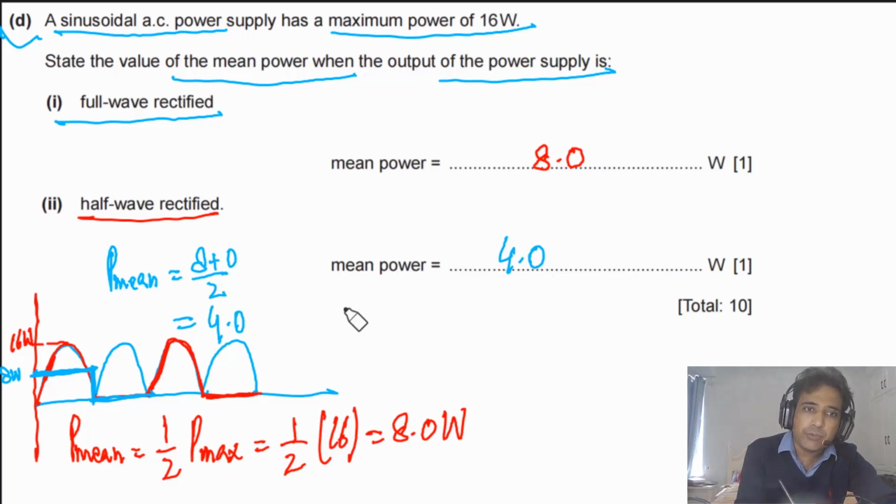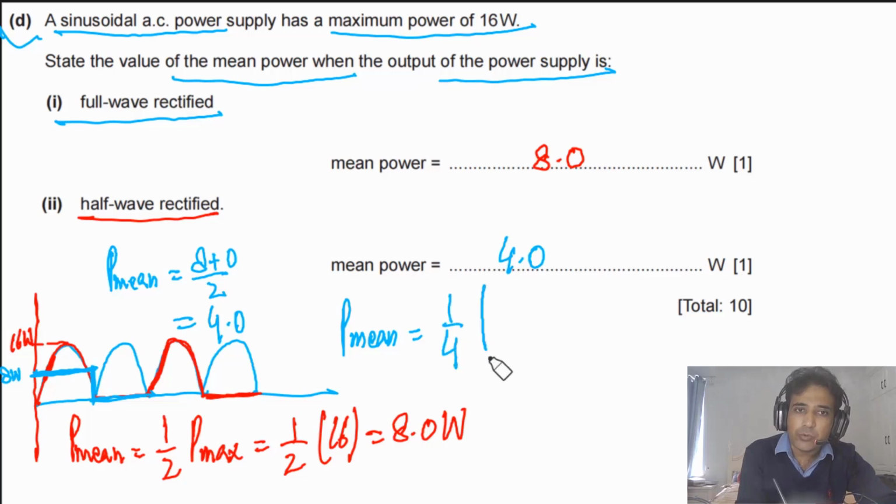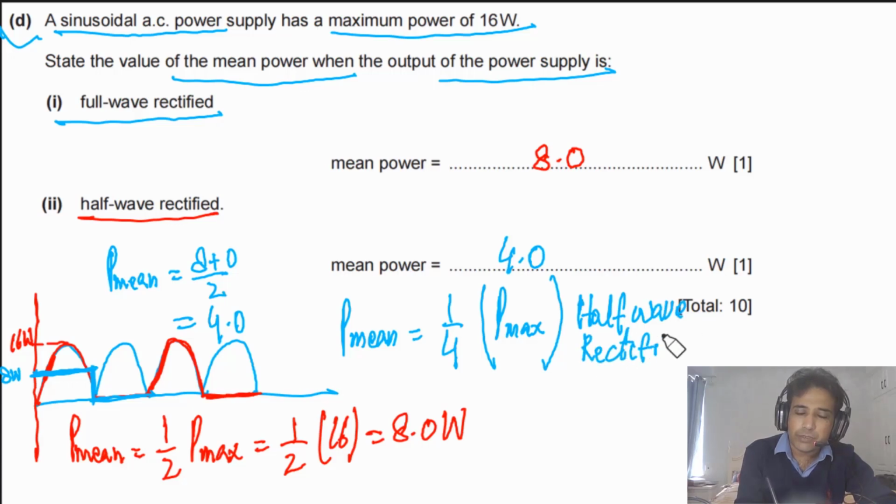Or, another way to understand: P mean is equal to 1/4 of P max if it is half wave rectified. So, an important point to understand for half wave rectification.